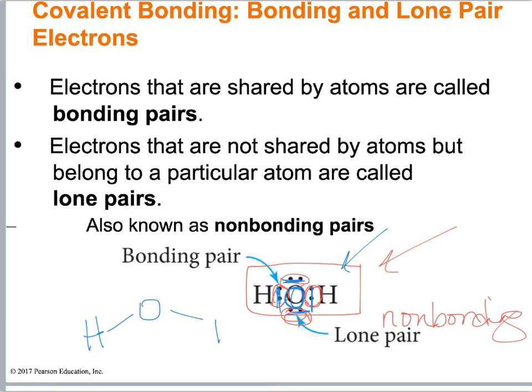So it would be okay to draw the Lewis structure for water like this. You still have to show the non-bonding electron pairs, but you can replace the shared bonding electrons with single lines.